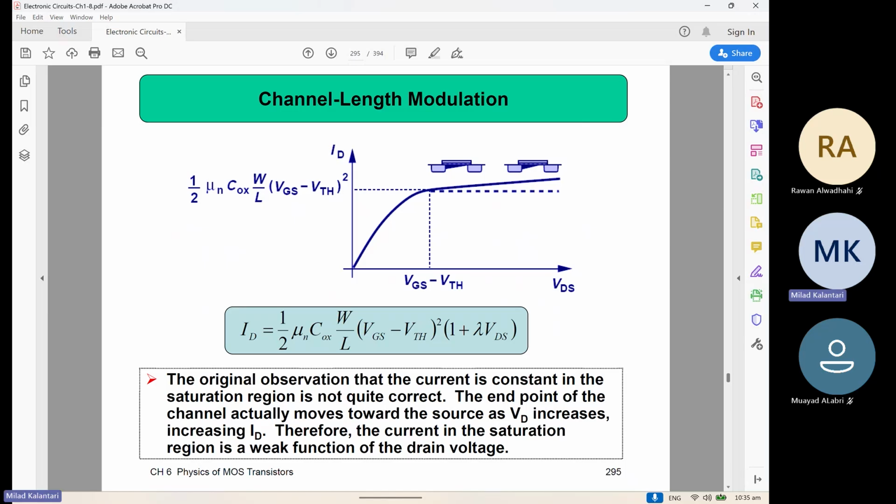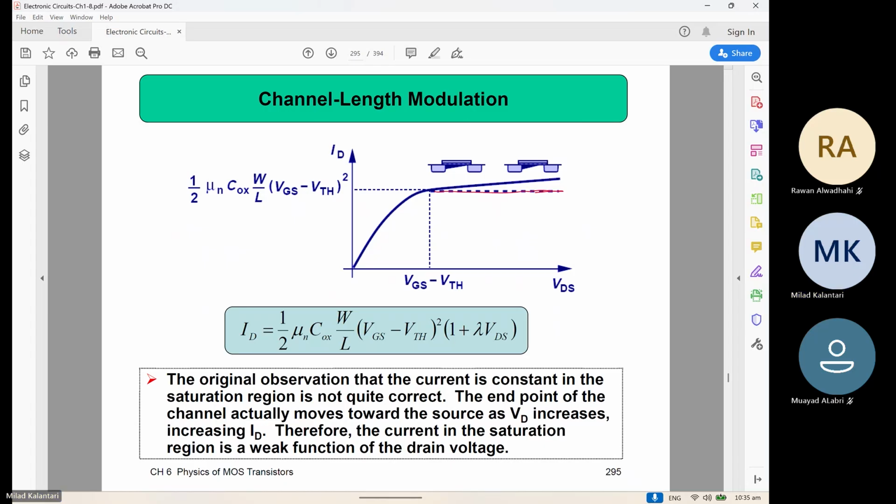Similar to the BJT, if you remember, we initially supposed a constant current for the collector, but in the end we came up with a little bit of change in the collector current of the BJT as well once we increased the collector-emitter voltage. That was because of the early effect, but here there is another effect which we call channel length modulation.